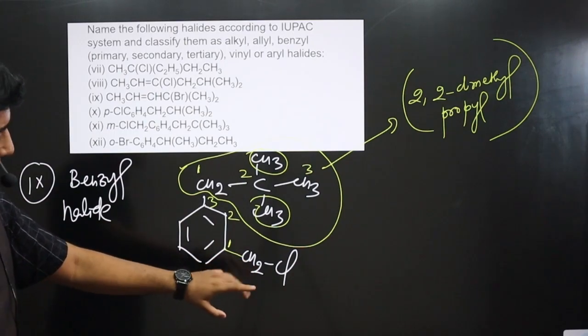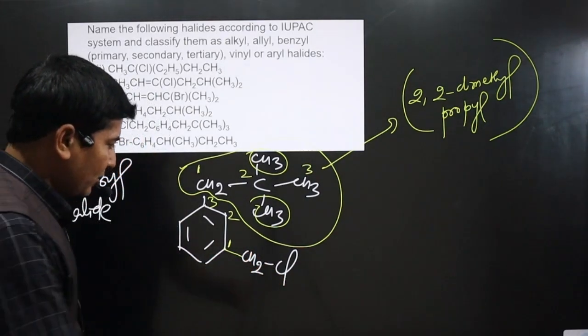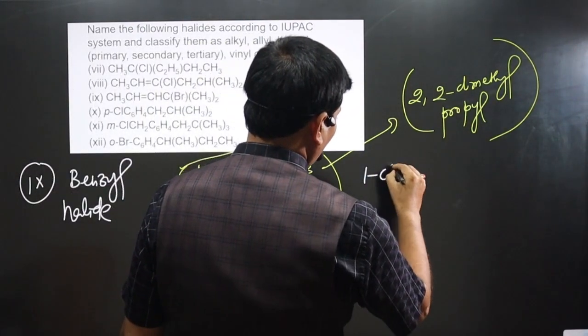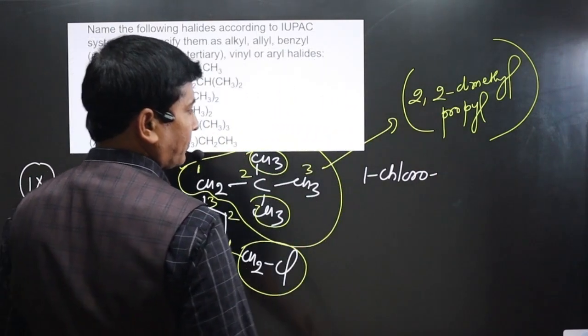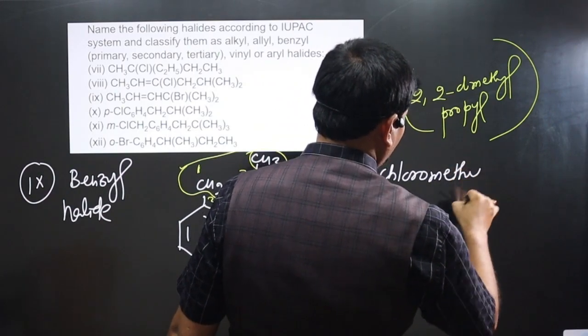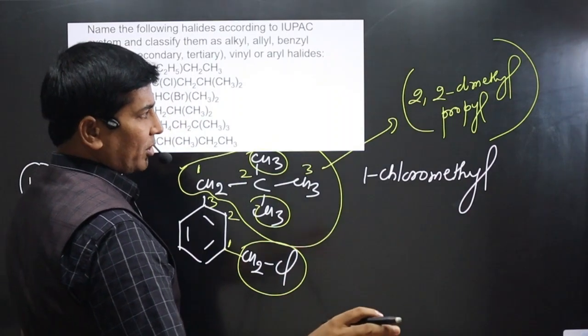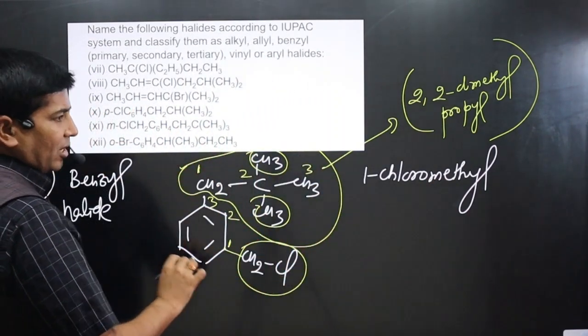Okay, this is C. You can see it is chloromethyl. This portion is what? 1 chloromethyl. Alphabetical order we follow, starting from C and then D. So 1 chloromethyl, and then you can see this entire group is attached to the third carbon.